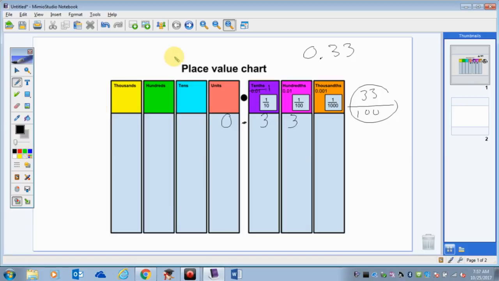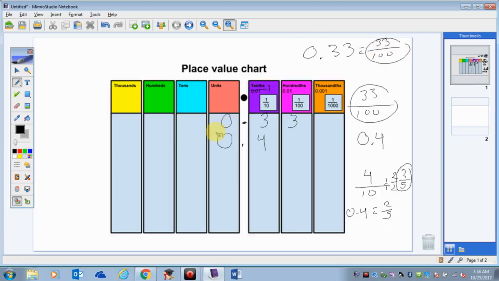If I have 0.4, it's going to go in here as well. It ends in the tenths place, which is over 10. So it's going to be 4 over 10. 4 and 10 can be reduced by 2 over 2. 4 divided by 2 is 2. 10 divided by 2 is 5. So 0.4 as a reduced fraction is equal to 2/5. And 0.33 is equal to 33 over 100.